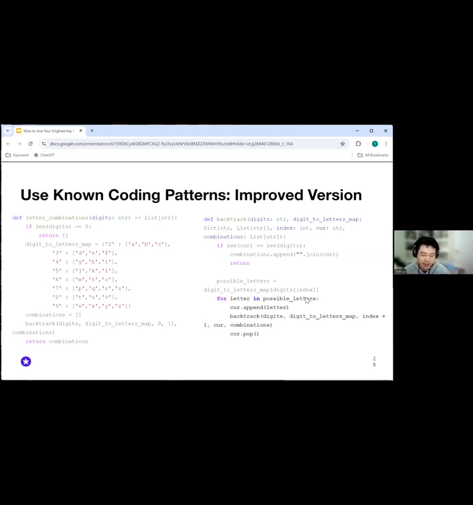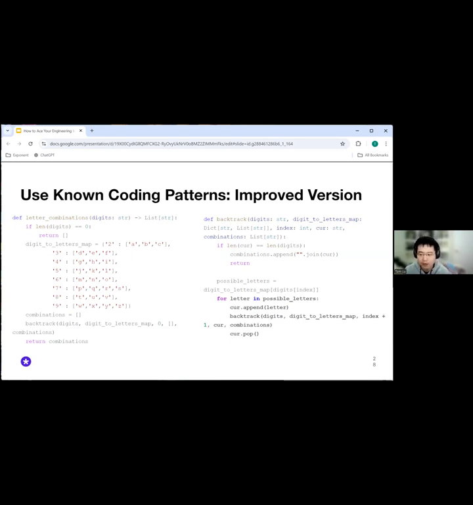So now, can anyone from the audience tell me what this coding pattern is? Are we familiar with this coding pattern? A function calls itself inside a function call. What is this? Recursion, exactly, right? In addition, this is a special type of recursion, and the function name kind of gives it away. It's called backtracking.